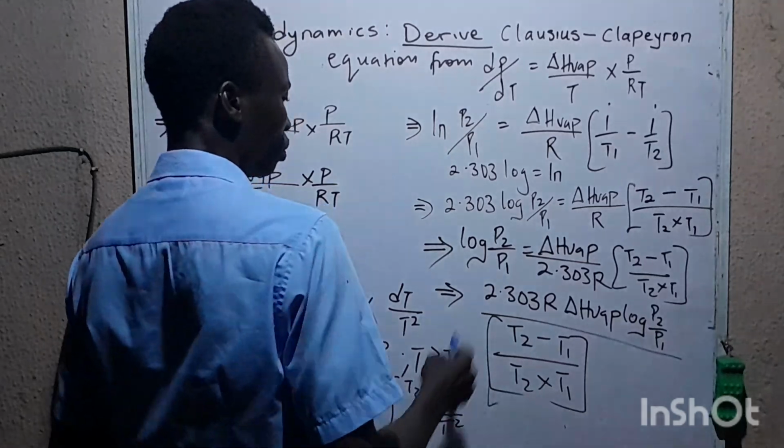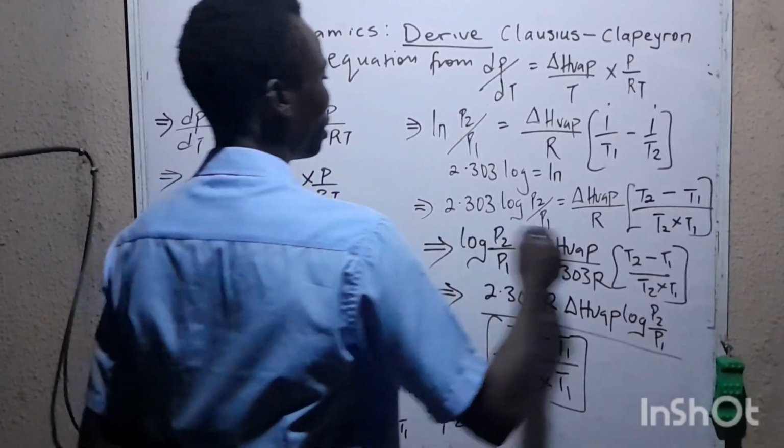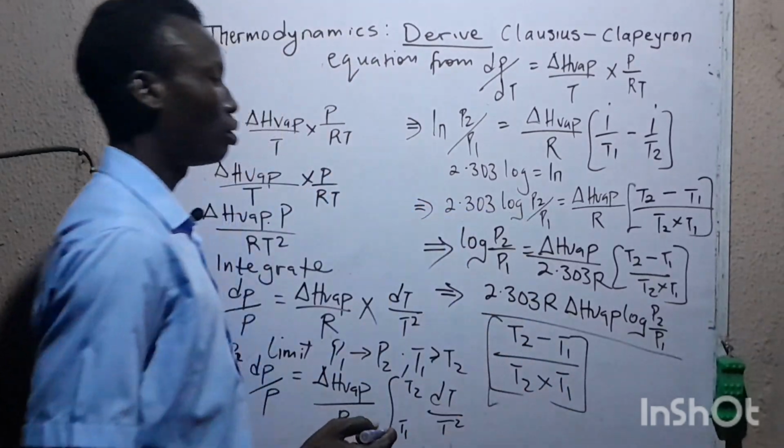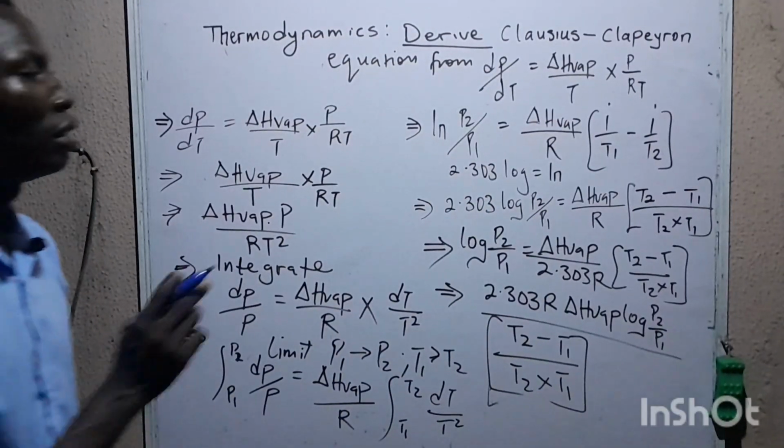So this implies that the equation you are seeing here can also be written in this manner. So you see that you write it like the upper one or you write it like the lower one. So that is that about that there.